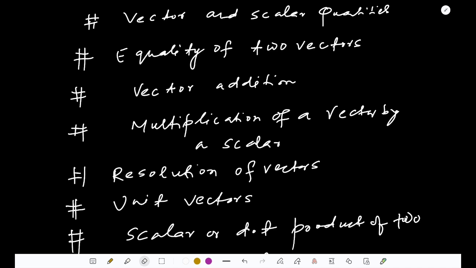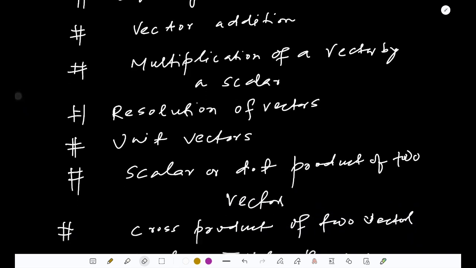Their division and their subtraction doesn't mean anything. Rather, division by a vector is a dumb idea, meaningless. Why, we will see pretty soon.